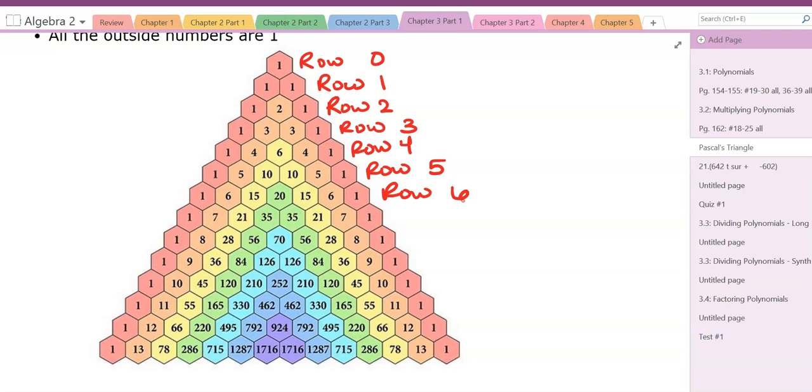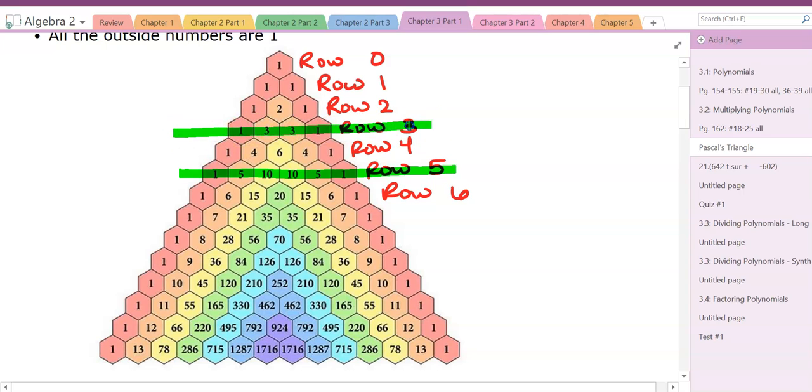So when you're taking a quantity times itself numerous times, and you're trying to figure out what numbers go in front of your terms, like what goes in front of the x to the 4th or x to the 3rd, these numbers, depending on which row you're in, are going to be the numbers that you look at. So if you're raising something to the 5th power, you're going to look at the 5th row, which would be this one right here. The numbers that you would use would be 1, 5, 10, 10, 5, 1. Those would be the coefficients that you would grab. Okay, if I was looking at something raised to the third power, I would use row 3.